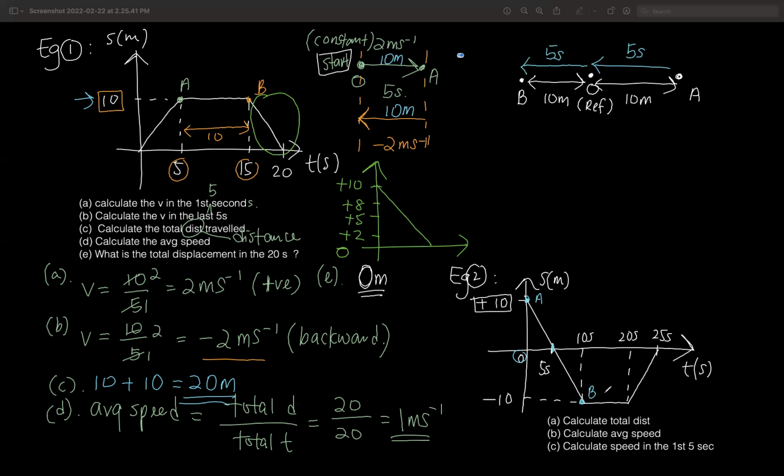Right? And then what happened next? From 10 to 20 seconds, your position stays at -10. So you stay at B. You took a rest for how long? For 10 seconds. All right. And then again, from here, the last part of the graph, this one, what is this?